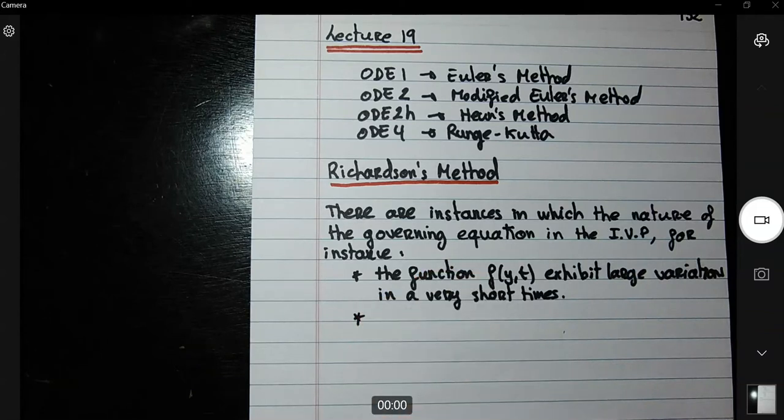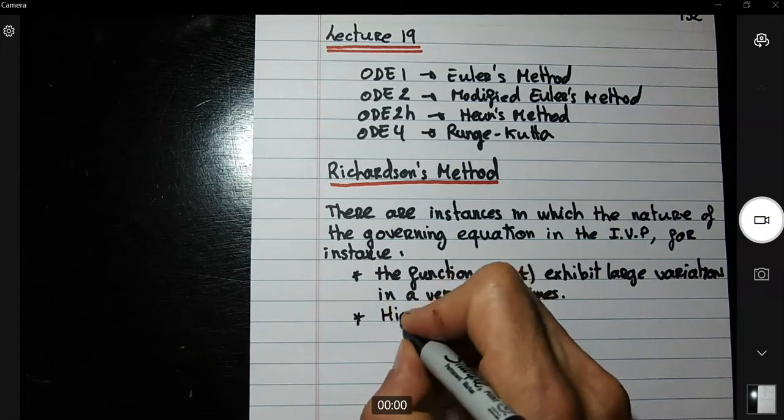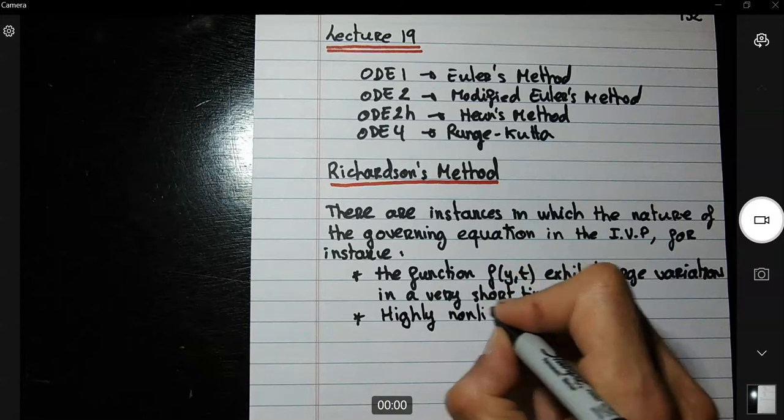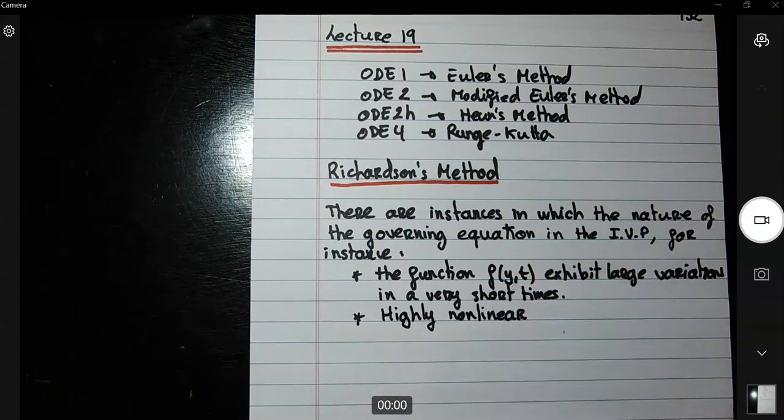The second case might be that it's highly nonlinear, which to a certain extent is related to the first one.